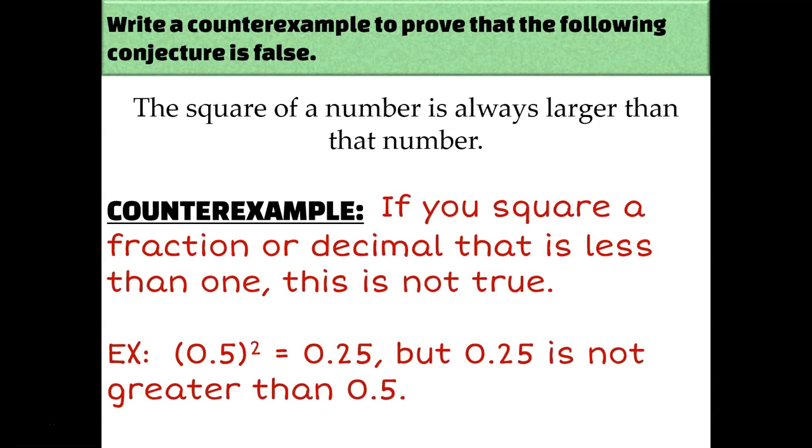If you square a fraction or a decimal, specifically a fraction or a decimal that's less than 1, then you get an answer that's actually smaller than what you started with. For example, if you square a half, you get a quarter. 0.5 squared is 0.25. And 0.25 is smaller than 0.5, so that breaks the pattern.